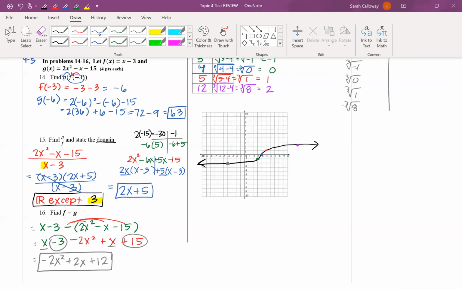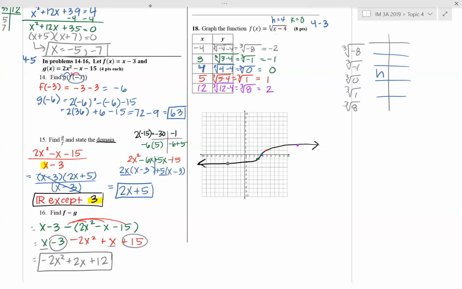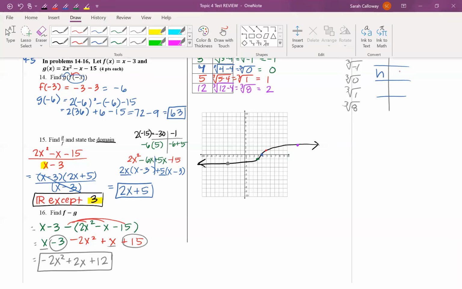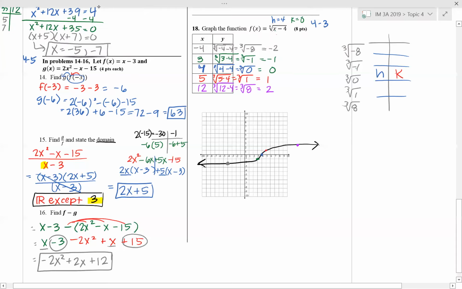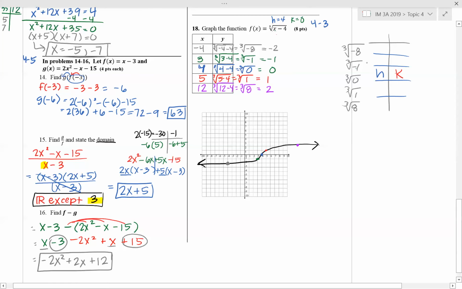So remember that what we did with a square root, it's a lot easier to set up the table using A, H, and K. I'll refresh your memory on what that is here. For a cube root, the middle one is the HK. And then if we think about these numbers, to make -1, I'm subtracting 1 here, but then I'm subtracting 7, and I'm adding 1, and then I'm adding 7.